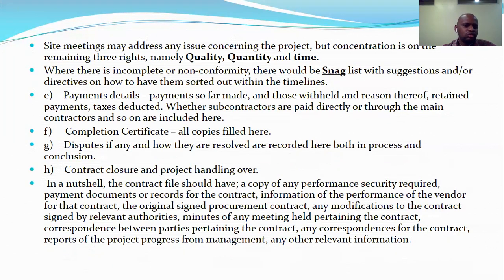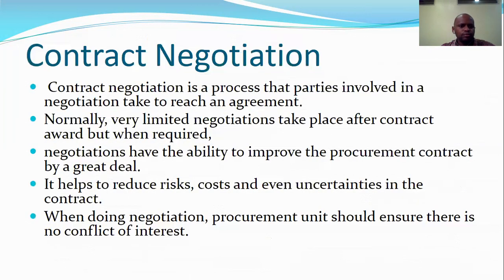It also has details of payment and completion certificate, all copies filed here. And it also has disputes, if any, and how they were resolved and recorded. The contract closure and the project handing over. So sometimes the contract is handed over to the client, so it must be put here.